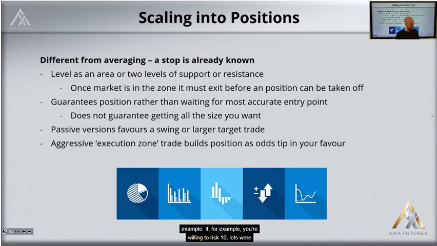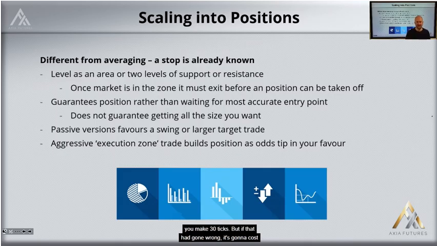So to give you an example, if you're willing to risk 10 lots with a 10 tick stop, that's 100 ticks worth of risk you're taking on this trade. If you get filled on one lot and your target is, let's say, 30 ticks, you're going to get paid 30 ticks for 100 ticks worth of risk. Now, granted, if the trade works, you're never going to take that risk, you're never going to see that loss.